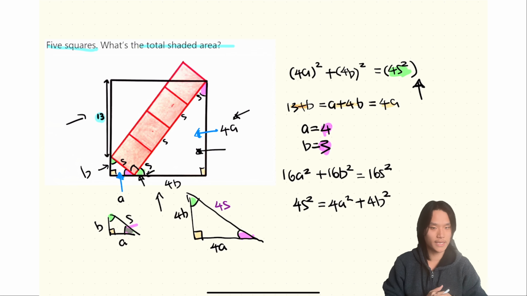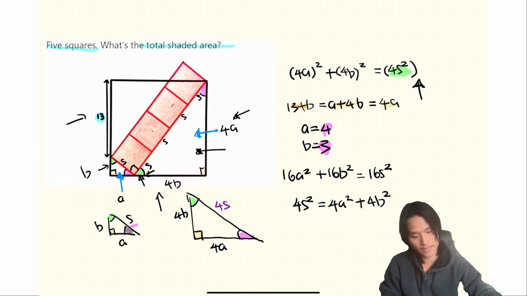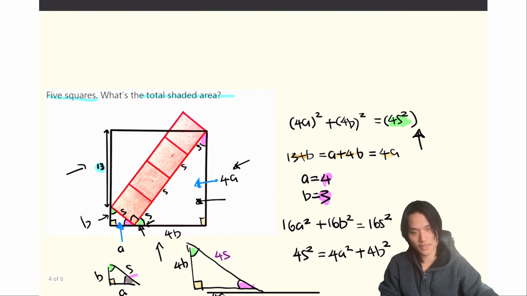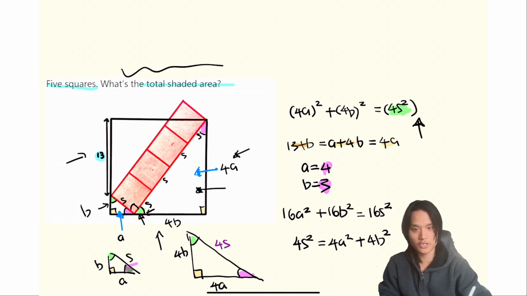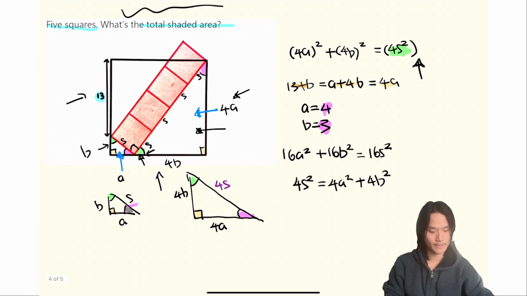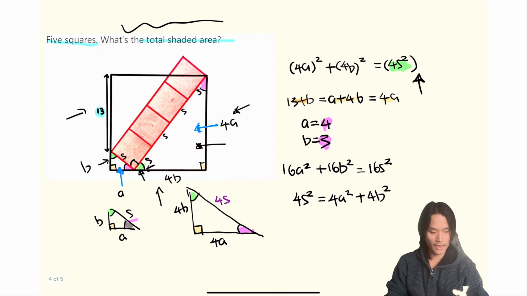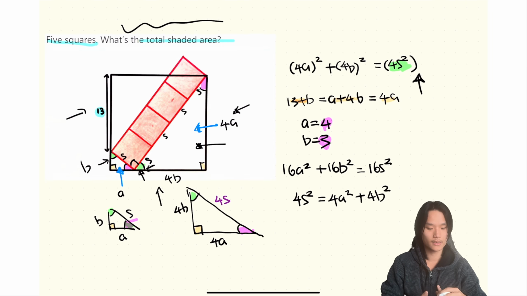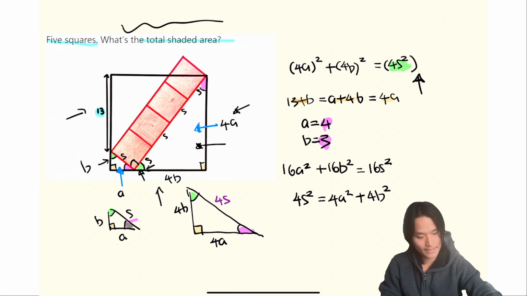Now pause here for a second, because the question wants us to find the total shaded area of the 4 red squares. And what is the area really? It's a rectangle, so it's s times 4s, which is exactly 4s squared.